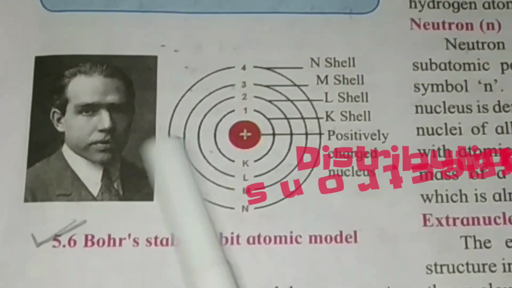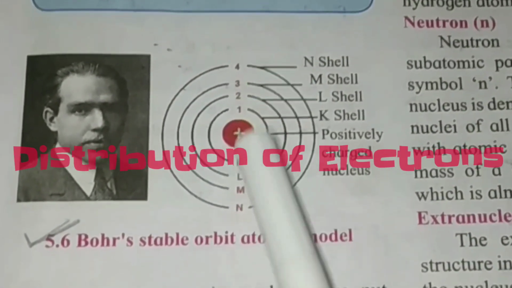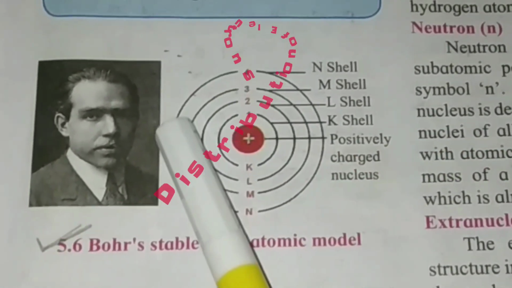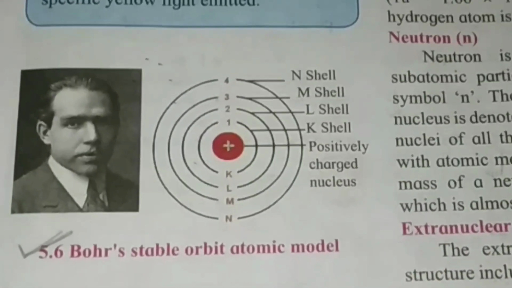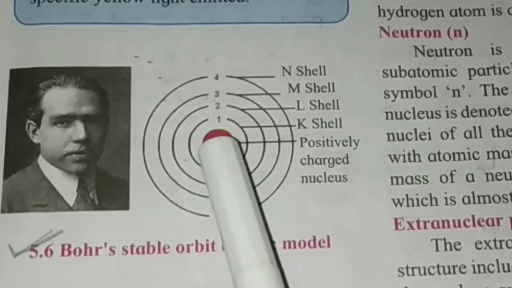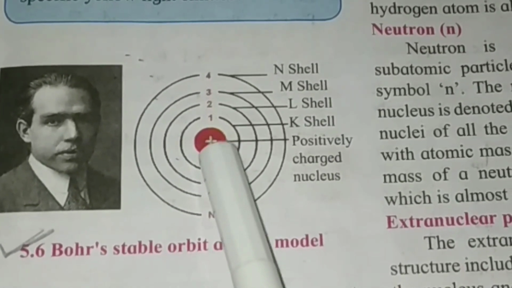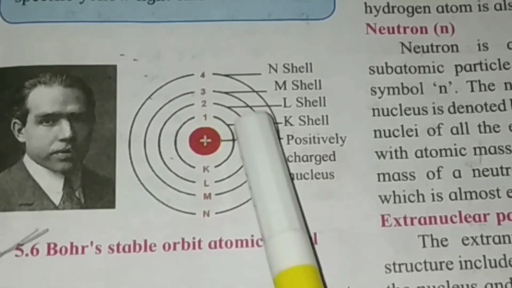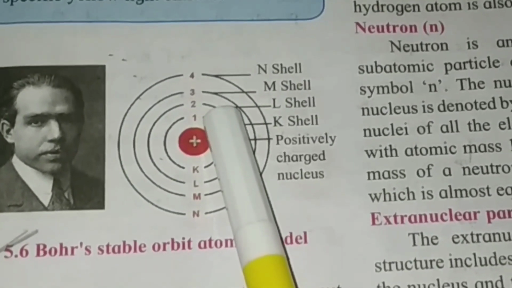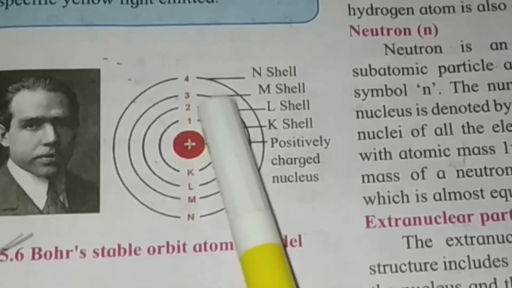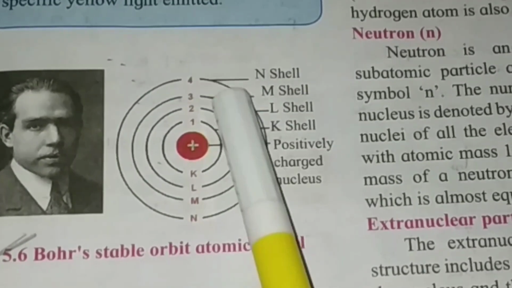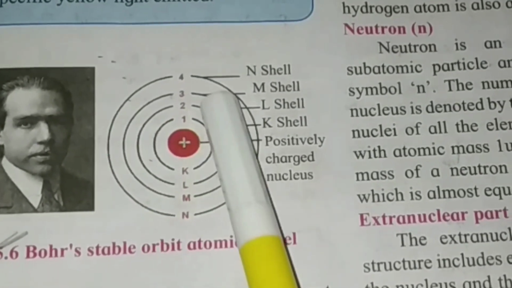Let us see distribution of electrons. Students, electrons revolve in stable shells. These shells have a definite energy. The shell nearest to the nucleus is called the first shell. The next shell is called the second shell. The symbol n is used for the ordinal number of a shell.